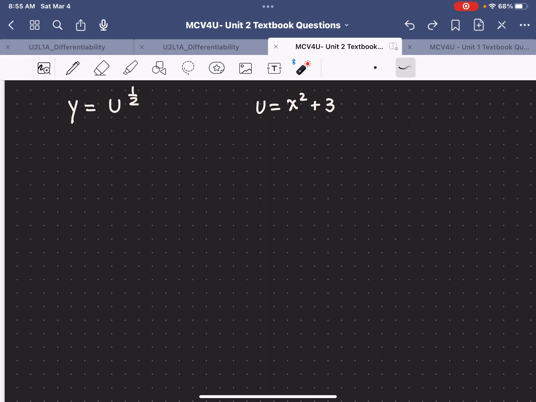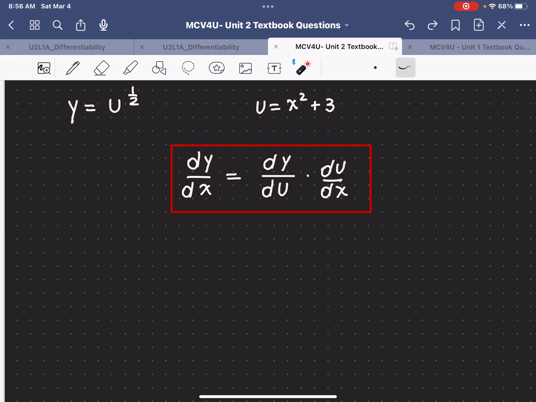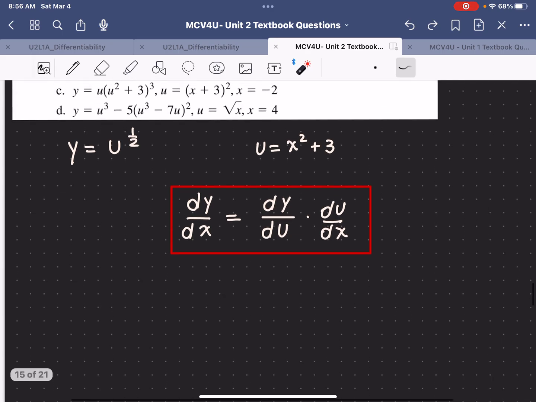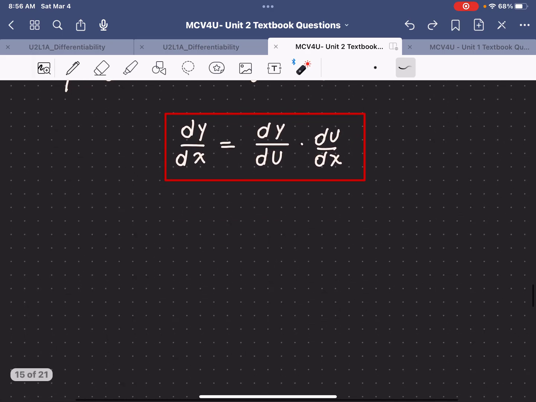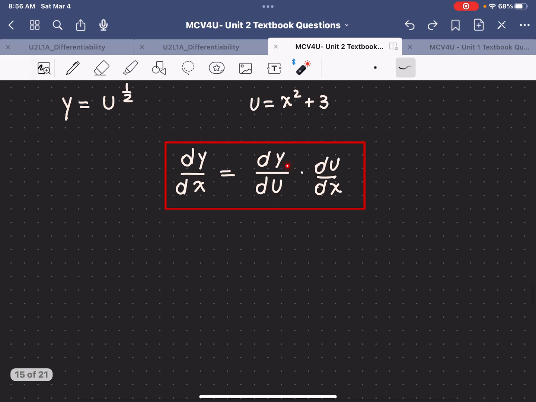So in Leibniz notation, if we want to find dy/dx, we use the formula dy/dx equals, we differentiate y in terms of u first because that's the relationship we have between y and its independent variable. And then we differentiate u in terms of x and multiply them.